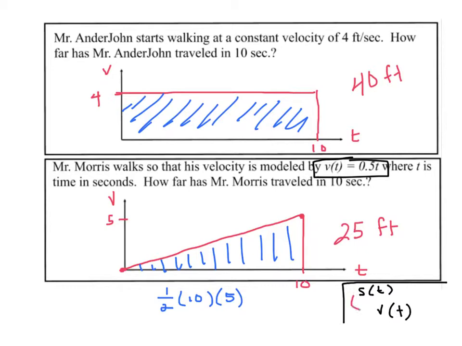Well, I took the derivative of s with respect to time, and that gave me velocity. Well, now I'm giving you the velocity, and I'm asking you to work back to position, or where the person is in relation to where they started. And there's got to be a calculus way of doing it. I just want you to think about that as we proceed forward.